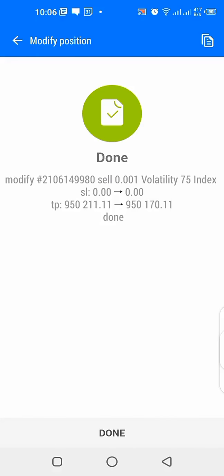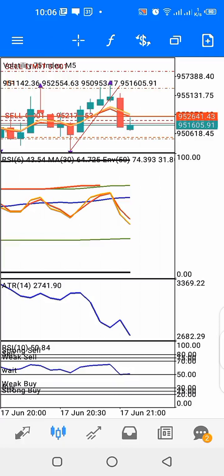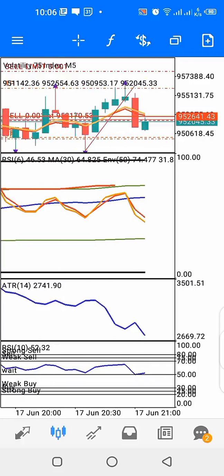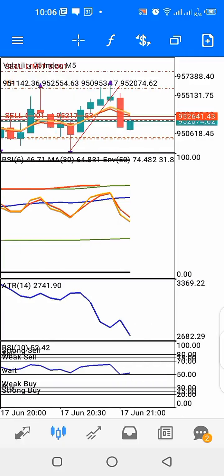If you look at the running sell trade, it's 950,170.11. The bulls are still trying to push price up, but the current bearish bar is already an indication that we have a strong rejection by the bulls, by the bears rather.